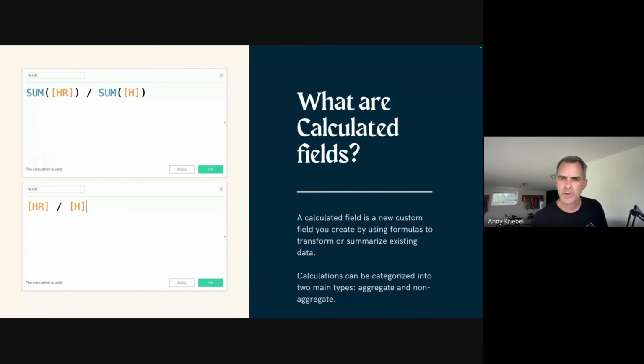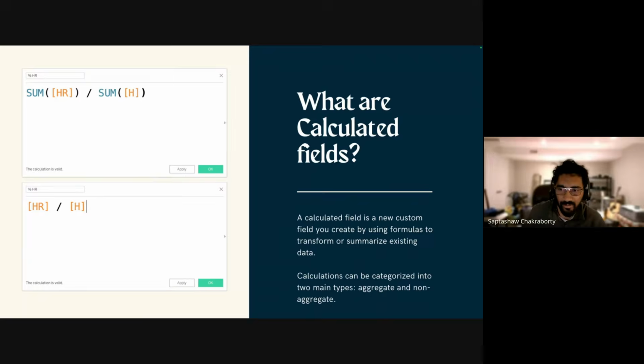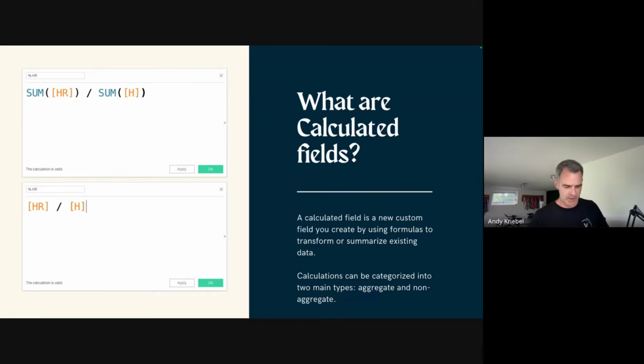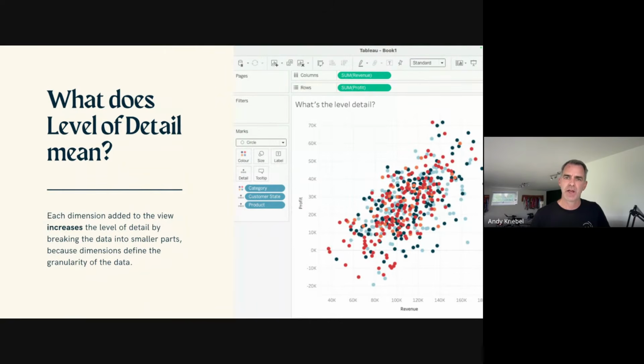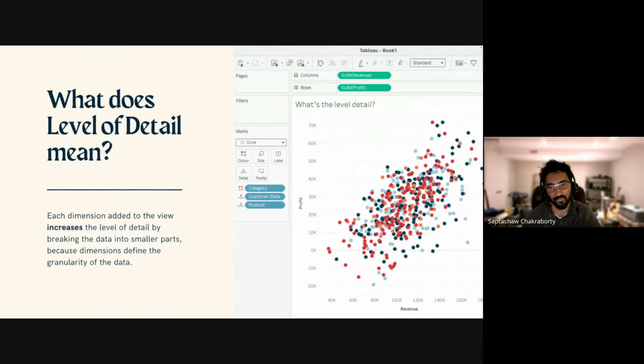Andy, yes, one question. For level of detail, should that not be the lowest level of granularity? Well, in what I was talking about before, I'm not talking about the lowest level of detail. I'm talking about the level of detail of the view. Yeah, so of this view, for example, I'm assuming category is product category, right?